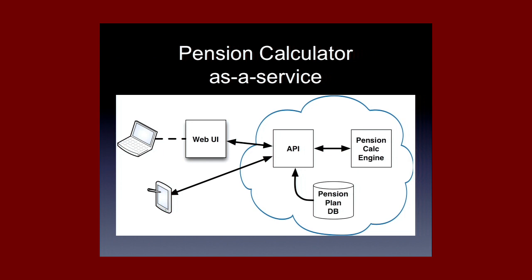That API receives a request to do a computation. Then it queries the pension database, where we have the database of all the various plans that we've integrated into our system thus far, ties together that data with the request data, and calls the pension computation engine, which does its computation of the benefits over the costs, returns that back to the API, and returns that back to the user via the web API. Or if we have a tablet or mobile version, that will call the API directly, or the researchers will be able to call that API directly as well.